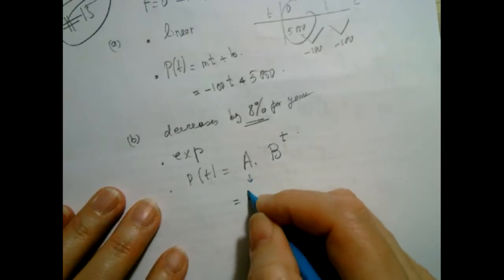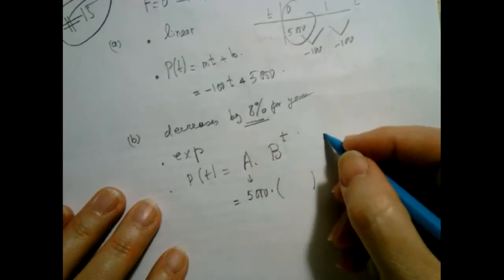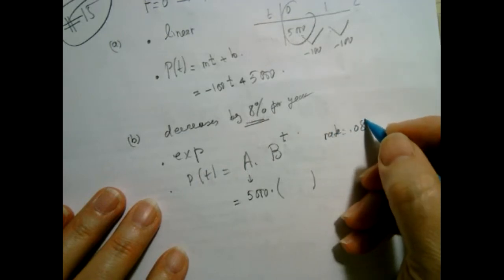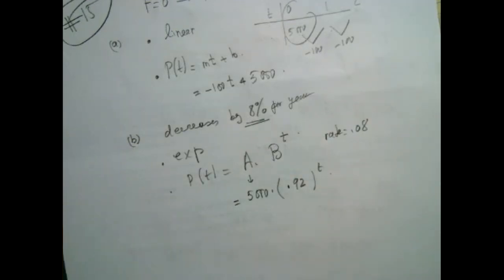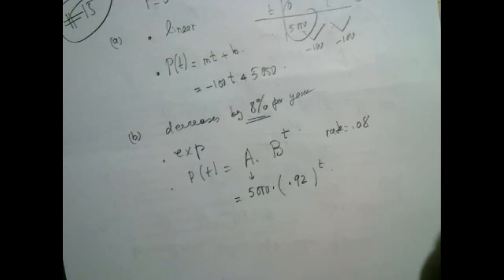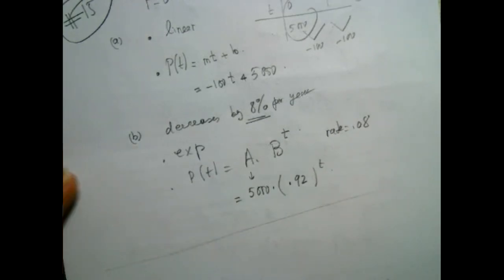A is what we're starting with. The rate is 0.08, so the base is going to be 1 minus 0.08, to the power t. Okay, so be very careful with the scenario. By the same amount, that's linear. By the same percent, that's exponential growth or decay.